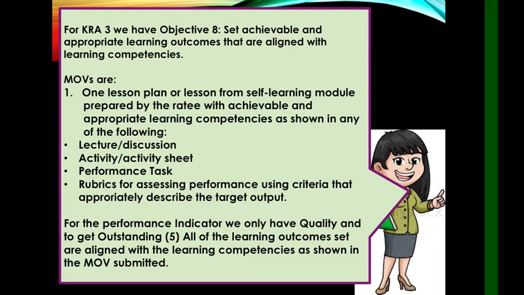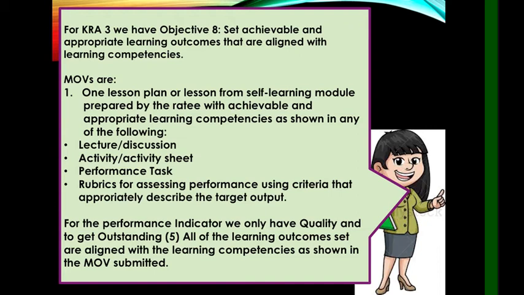Also, the lesson plan should have the activity or activity sheet, performance tasks, or rubric for assessing performance. If you have a performance activity in your lesson, then there should be a rubric. Okay, for the performance indicator under this, we have the quality, and to get the 5, all the learning outcomes set are aligned with the learning competencies as shown in the MOVs submitted.